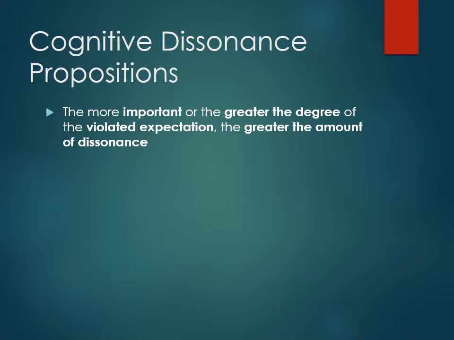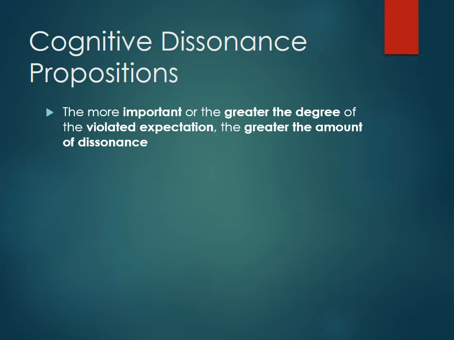We have all kinds of expectations. And when those expectations aren't met, when what we expect to see happen doesn't actually happen, when there's cognitive dissonance, the greater the degree of the violated expectation, the greater the amount of dissonance.